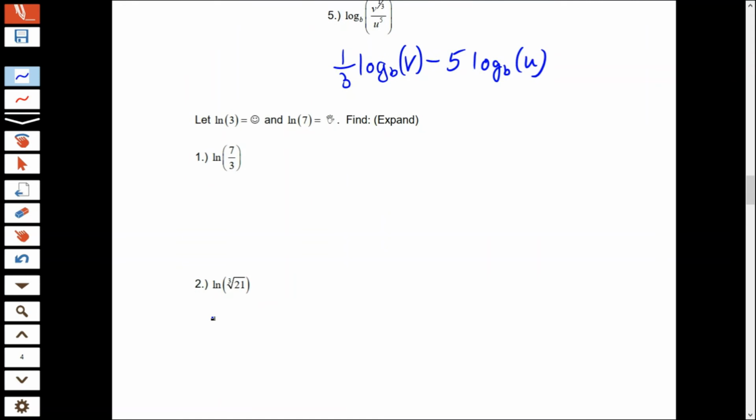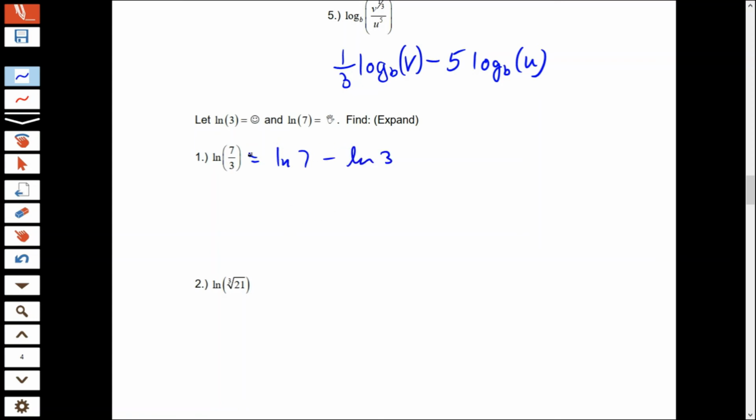There are some problems in here where you are going to expand, and then you are going to substitute in various symbols or variables or what have you. Some textbooks would have you substitute in decimal values and things like that. So here, natural log of 7 over 3 is natural log of 7 minus natural log of 3.